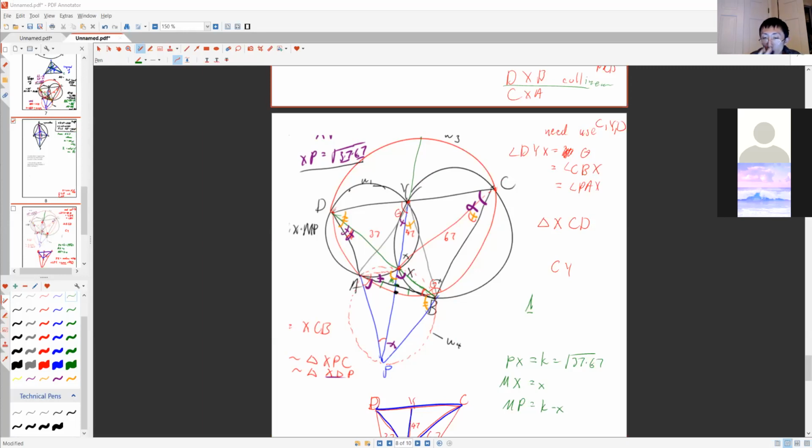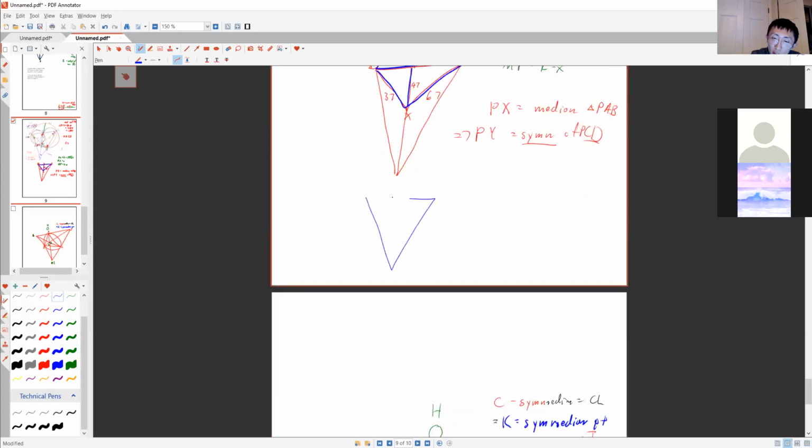There was this US AMO problem where, I don't remember the exact year, but basically it said that if you have this configuration and this triangle is similar to that triangle, in the order of PAB is similar to PBC, and there was one other condition, then P is the symmedian point if we know that this is also a symmedian line from B.